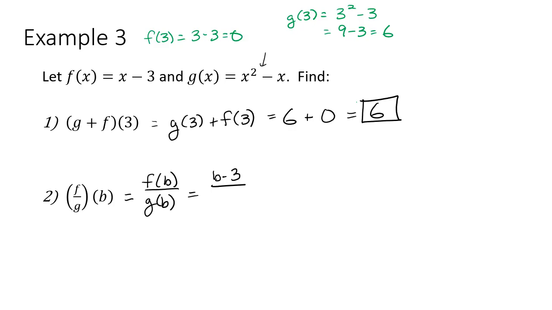And if G of x is x squared minus x, G of b would be b squared minus b. And that's it. Don't try to set this equal to 0. Don't try to solve it for b or anything like that. Just like before, when you plug a number in, you get a number out. When you start plugging letters in, you get a new function out.